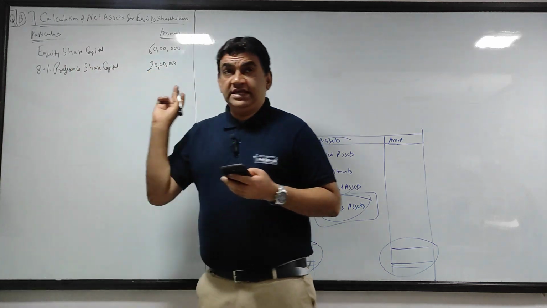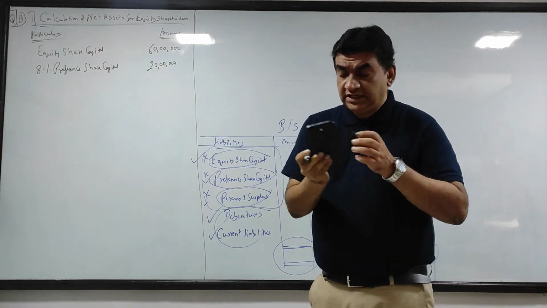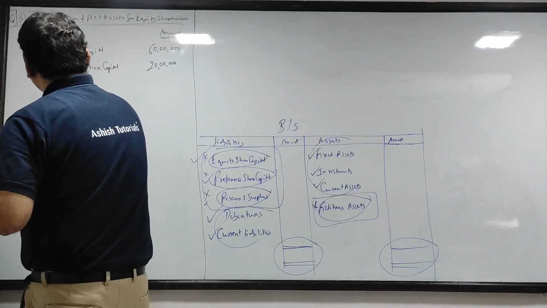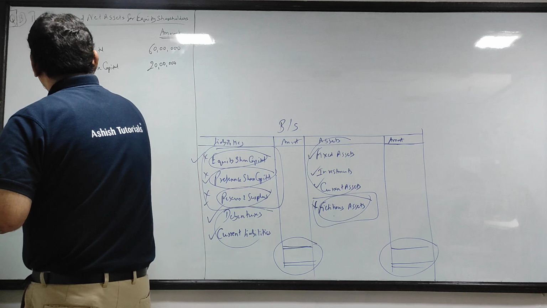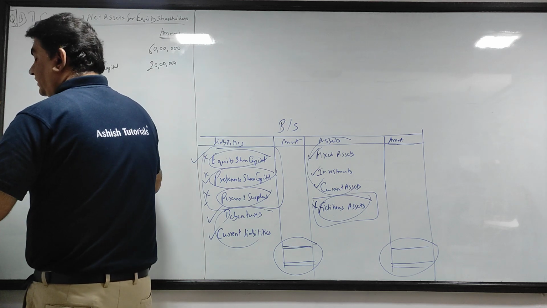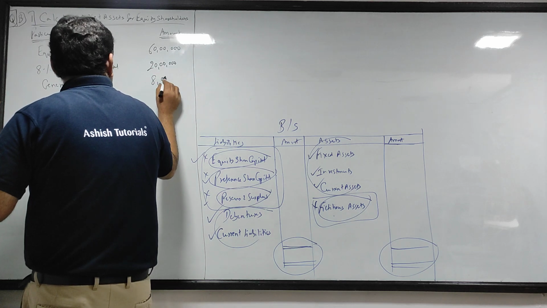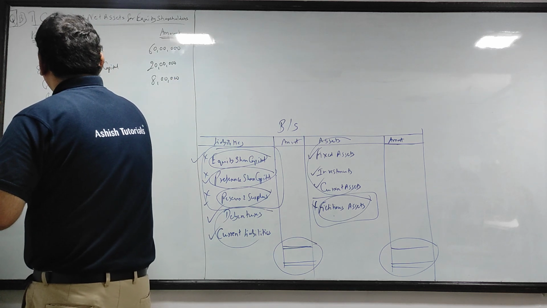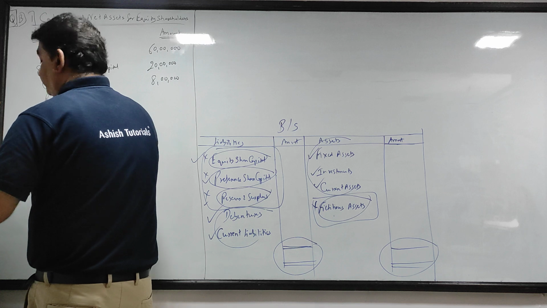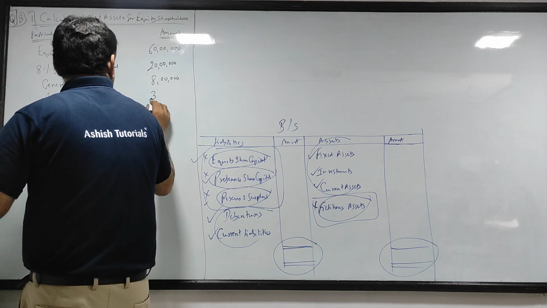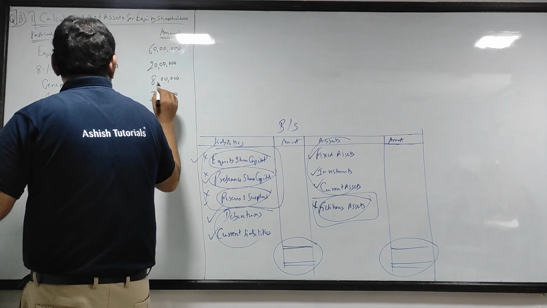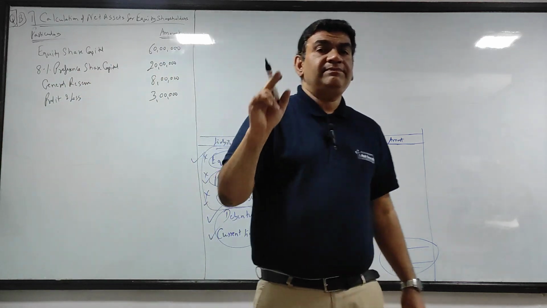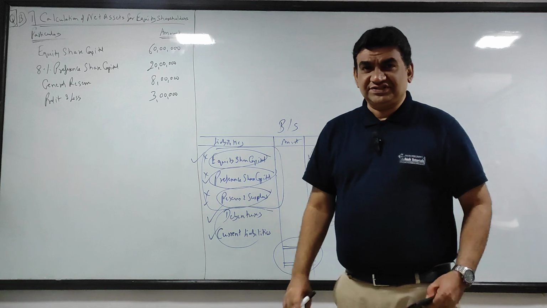Okay, equity and preference. Reserves लो, general reserve P&L, general reserve 8 lakhs, profit and loss, that is 3 lakhs.